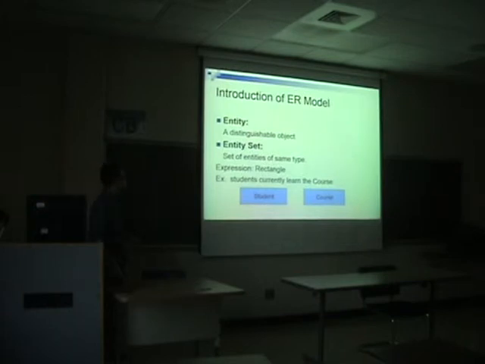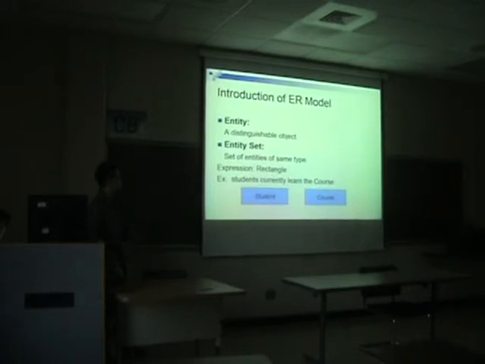An entity is a distinguishable object, and an entity set is a set of entities of the same type. We use a rectangle to express those entities. Let's say Yi Zhongzhen is a student who chose course 1820, so is Yusheng.